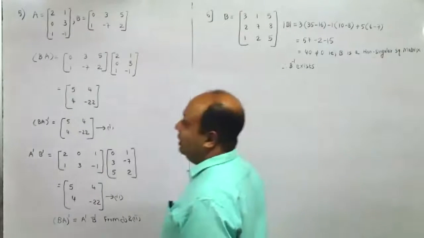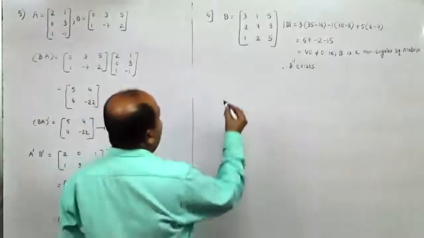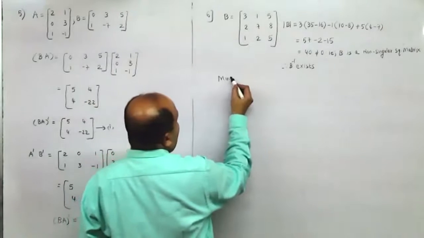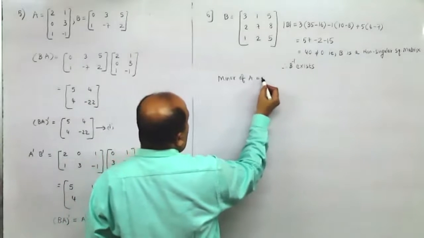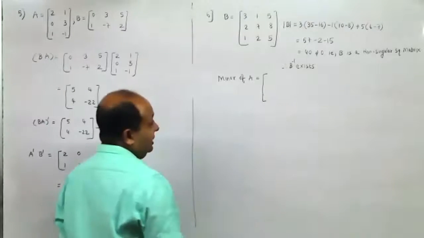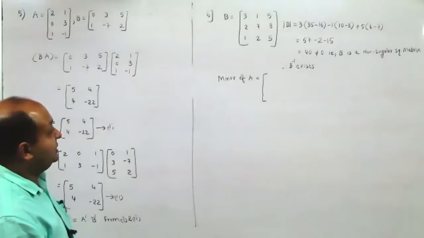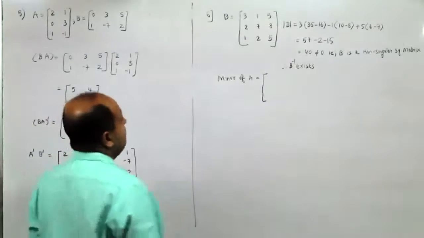Now, how do you find B inverse? There are 3 steps to it. First one is minor. How do you find minor? Minor of A is equal to, first of all, you'll have to write M11, M12. I am writing it directly. Now, there are some teachers who allow you to write cofactor directly instead of writing minor. So how do you do that?